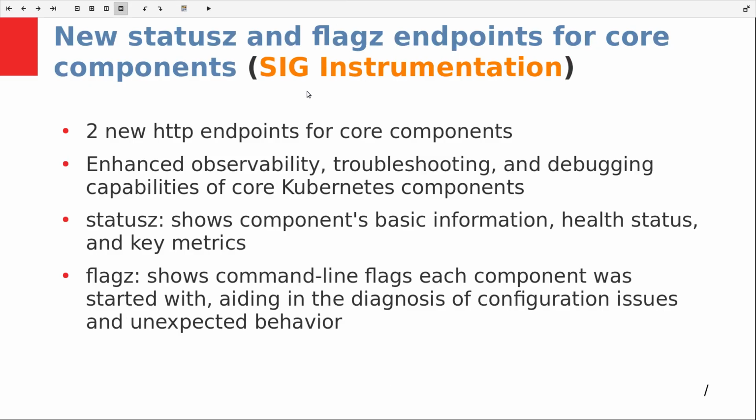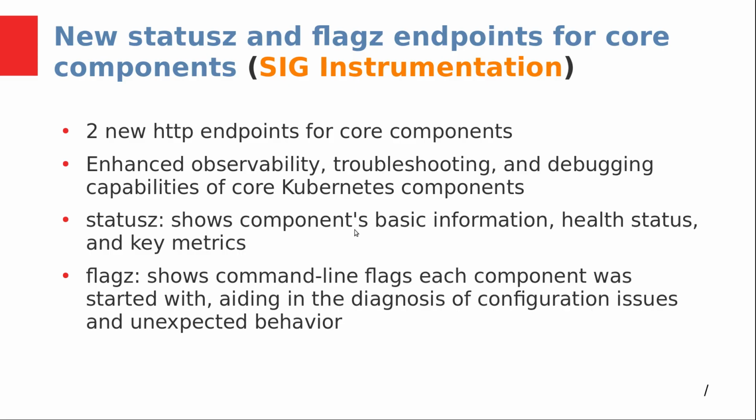Another feature is that there are new endpoints for core components. These are two new HTTP endpoints, and these will allow enhanced observability, troubleshooting, and debugging of the core Kubernetes components. There's two of them, statusz and flagz.